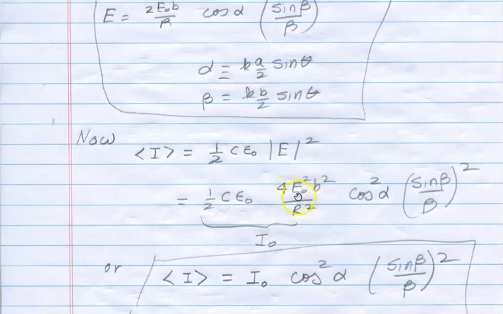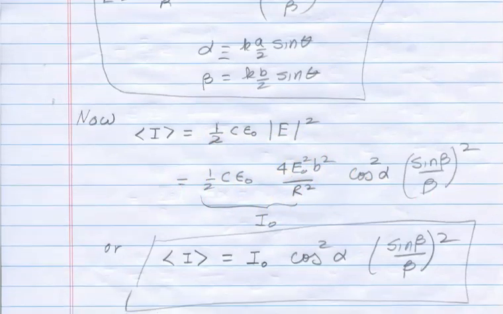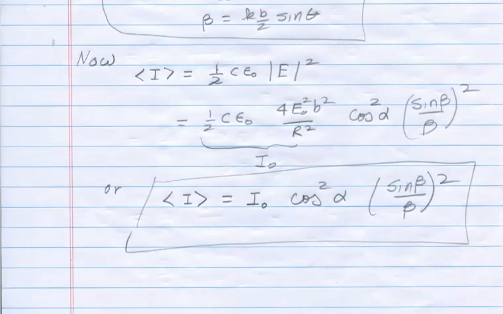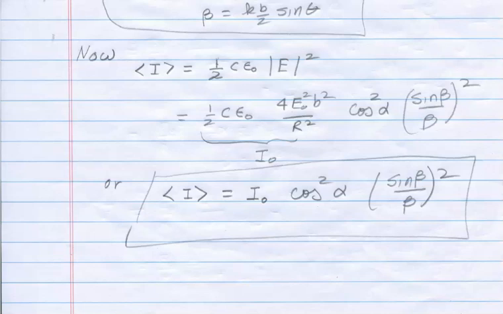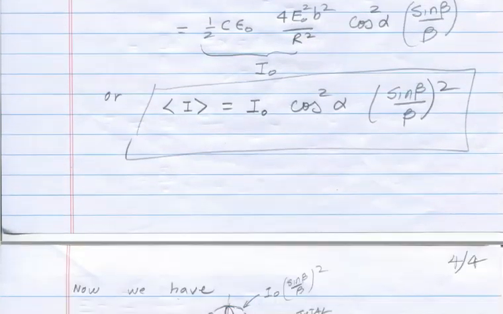Or as e naught, the brighter the source is, well, the bigger e naught is, and so the brighter source increases the intensity, as you would expect. In any event, we lump these together because those are all constant terms for a given experimental setup. And so we get the irradiance is I naught cosine squared alpha times this sinc function squared of beta.